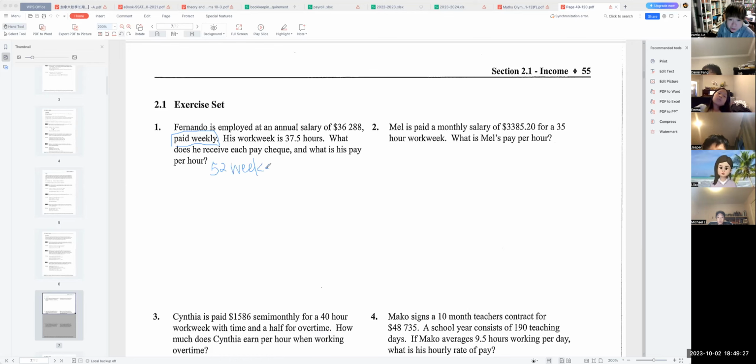So there are 52 weeks. 他一年 the yearly he can earn 36,288 divided by 52, so you can get weekly. And his work week is 37.5 hours. That means every week he works 37.5 hours. What does he receive each paycheck? And what is his pay per hour?